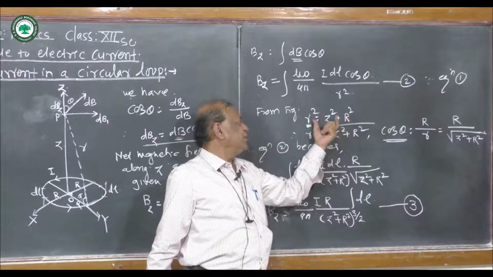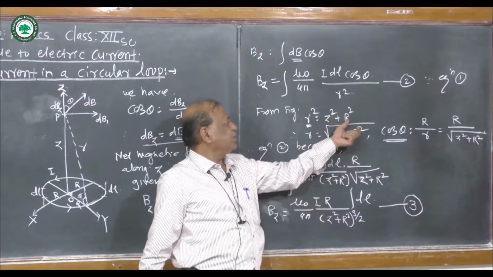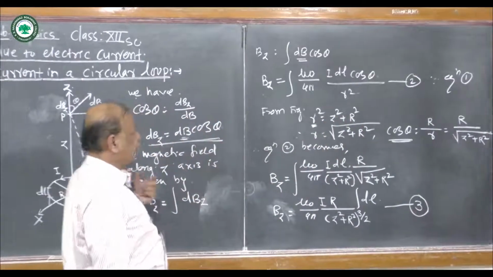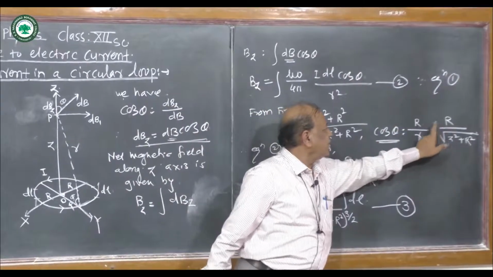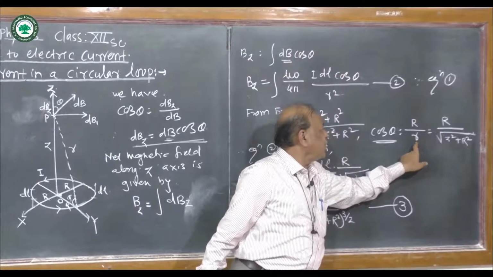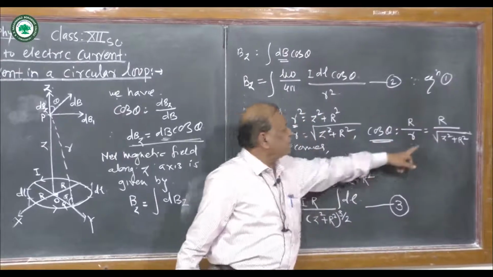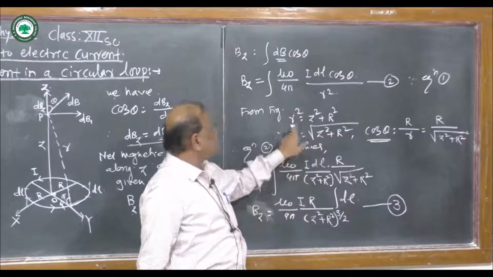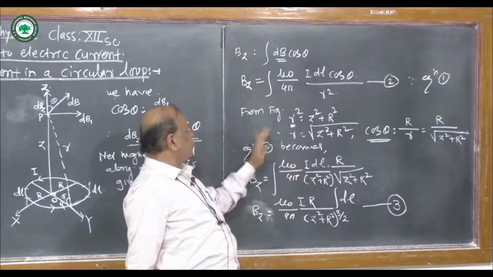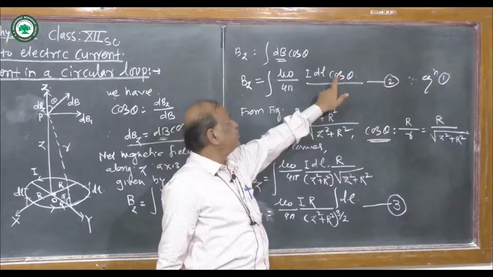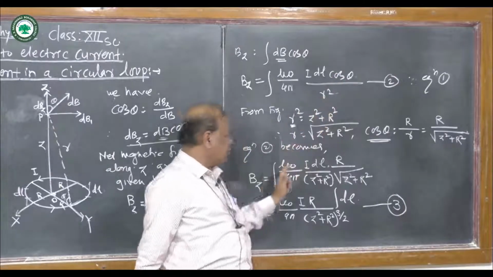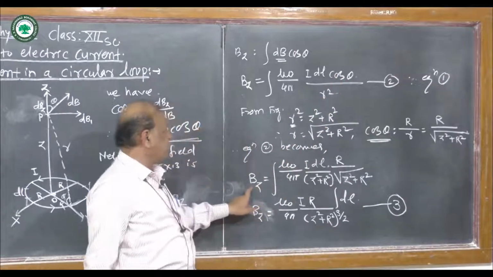R square is z square plus r square from this figure, and cos theta will be r divided by R, and putting the value of R, that is under root of z square plus r square, from this equation. And now equation 2 becomes this equation. Here put the value of this cos theta and r square, and then the equation becomes like this one.